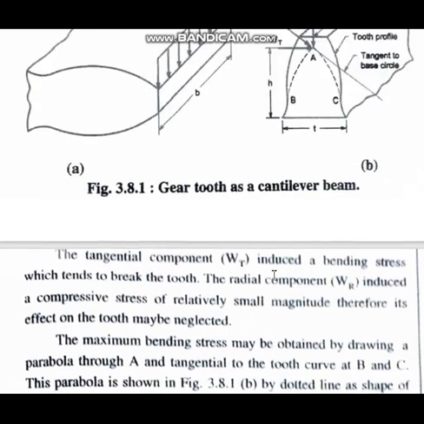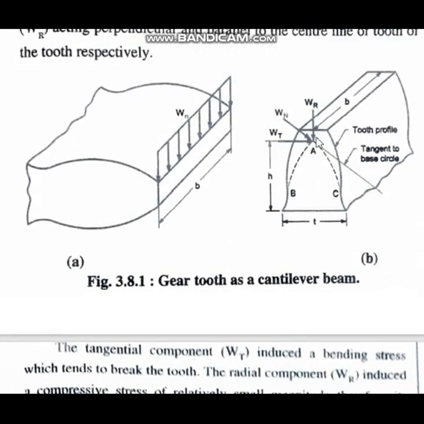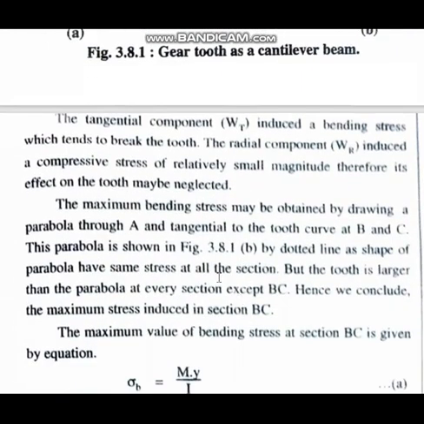You see here, this is A, this is B, this is C. A parabola is drawn like this, with BC as the base and passing through A. This parabola, shown by the dotted line, has the same stress at all sections.